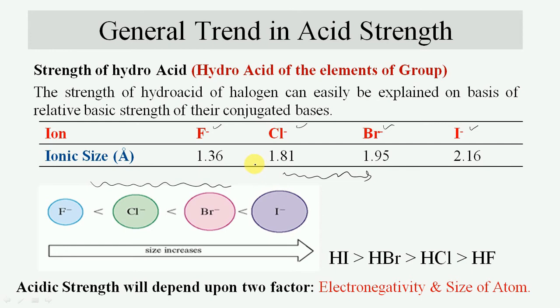With the decrease in electron density, the tendency to attract a proton also decreases. In other words, the basic character decreases from fluoride to chloride, then bromide, then iodide.